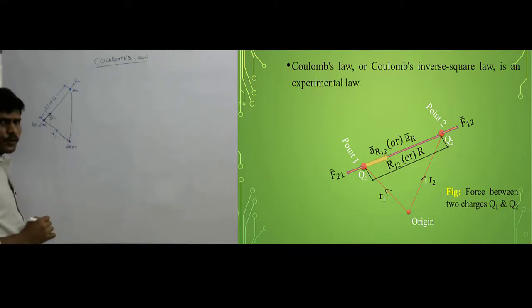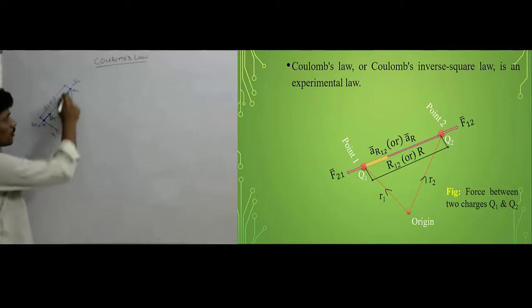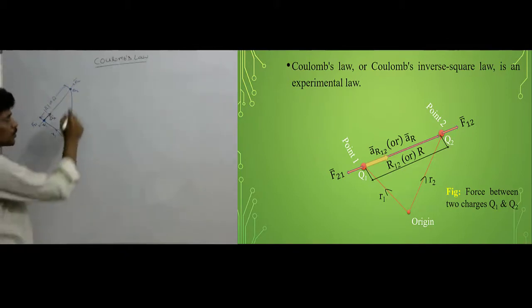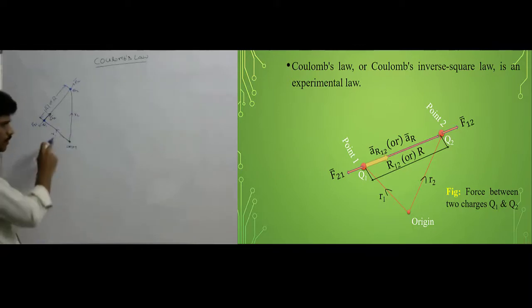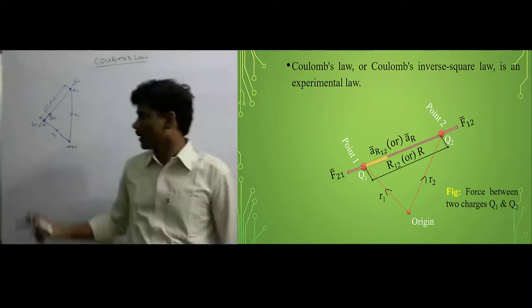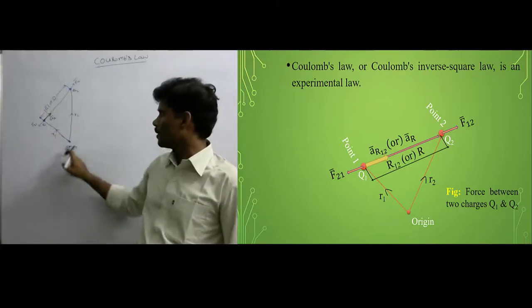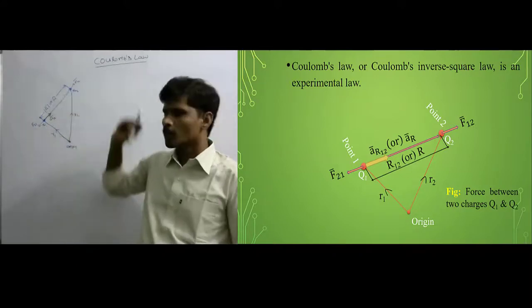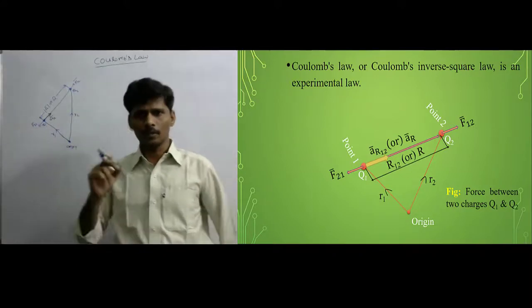At point Q1, the position vector is small r1, and at point charge Q2 the position vector is small r2.